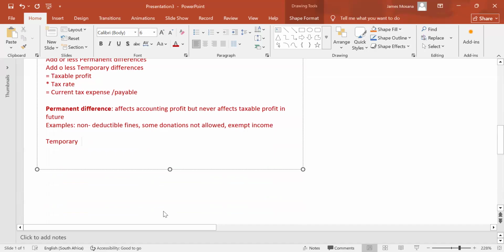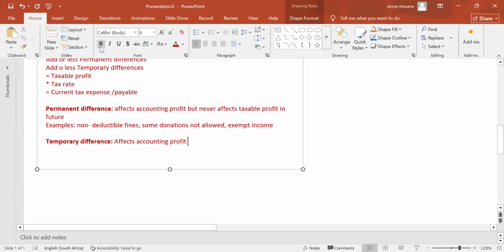Then we also have temporary differences. So now, here we are talking about items that affect accounting profit.